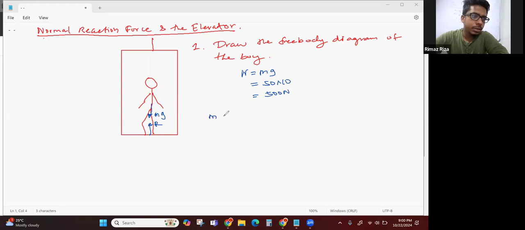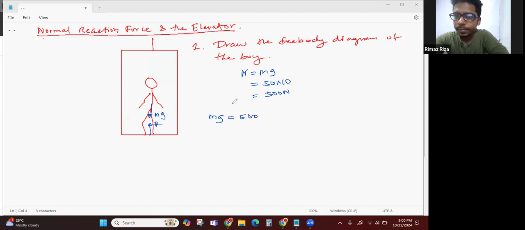So here mg is the weight, 500 Newton. Should the normal reaction be equal to the weight of the boy?